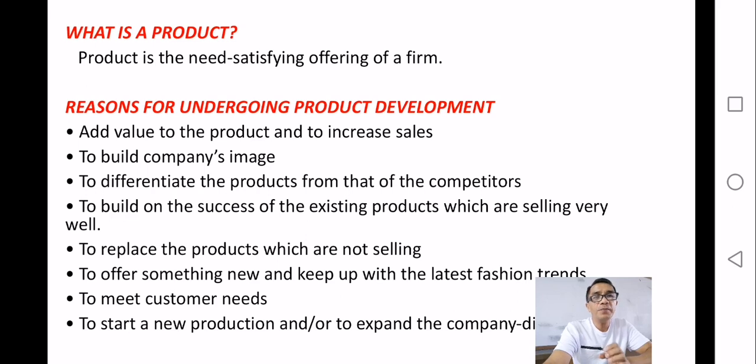Because if our product will be able to answer a certain gap or a problem, definitely that product will be very marketable. Okay? That's why the operative word here is the word need. Because when we answer the need of our customers, definitely our product will be very saleable.